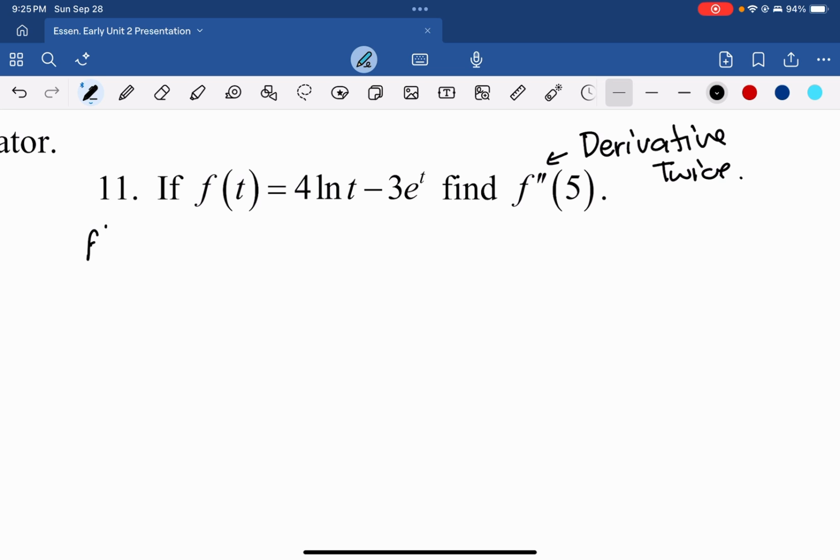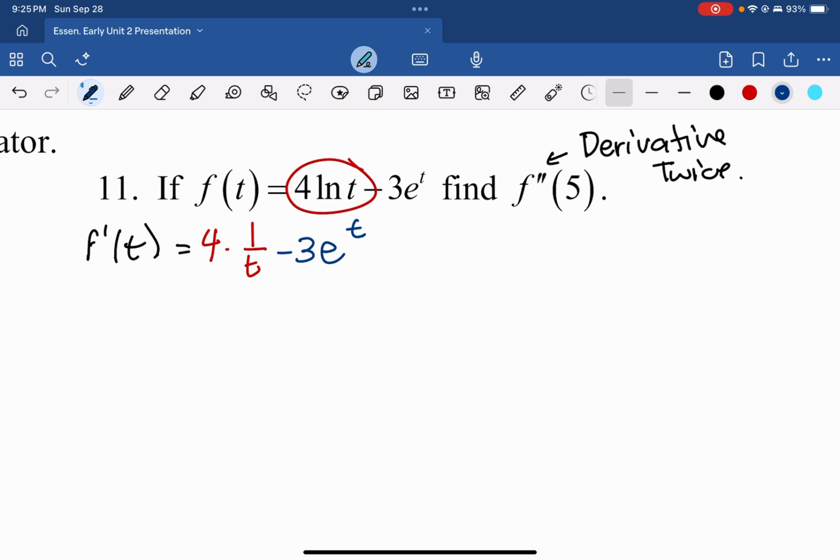Okay, so f prime of t equals 4 natural log of t. So let's break that up, right? 4 times 1 over t, because the derivative of natural log of t is 1 over t, okay? And then minus my 3e to the t.